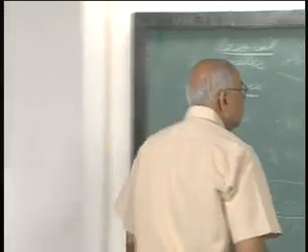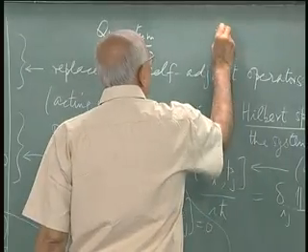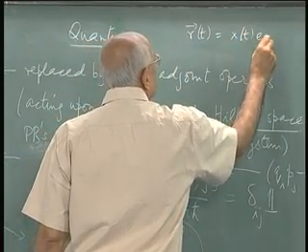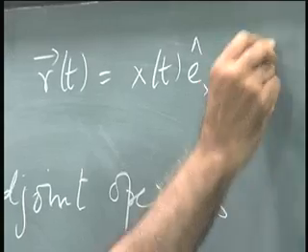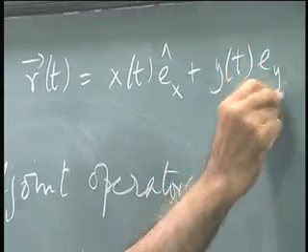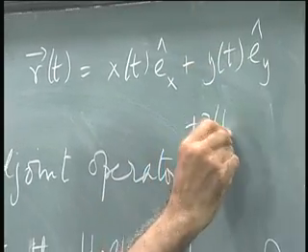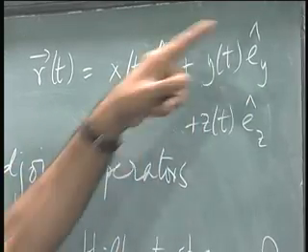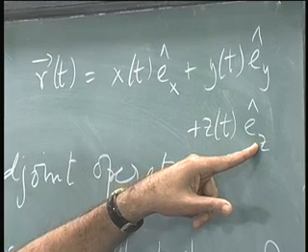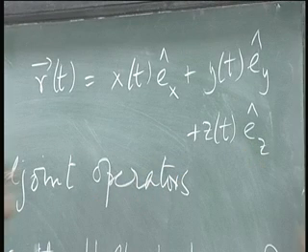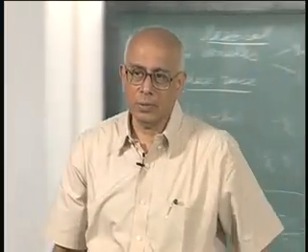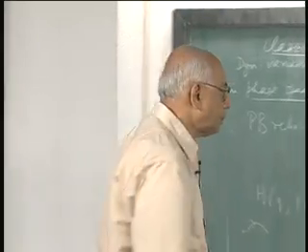So you would say immediately that r of t equals x of t times Ex plus y of t times Ey plus z of t times Ez. So it is these components and not the unit vectors that carry the time dependence. In exactly the same way these components carry the time dependence here. They would change from instant to instant, the basis is fixed to start with.